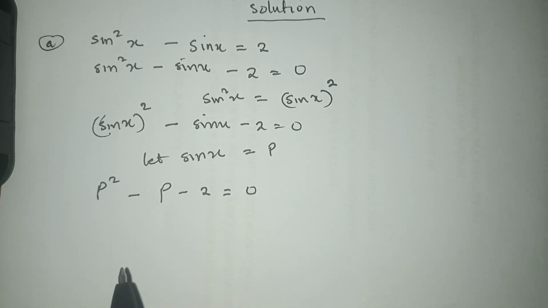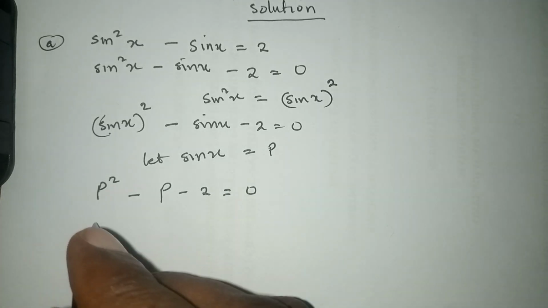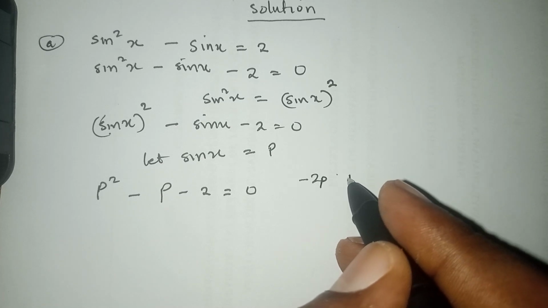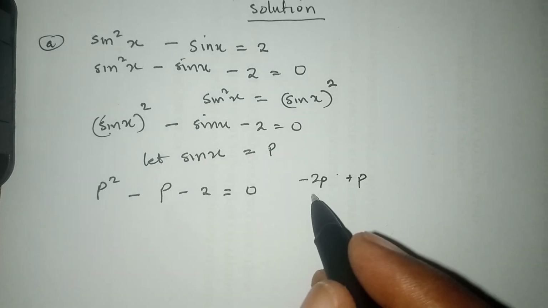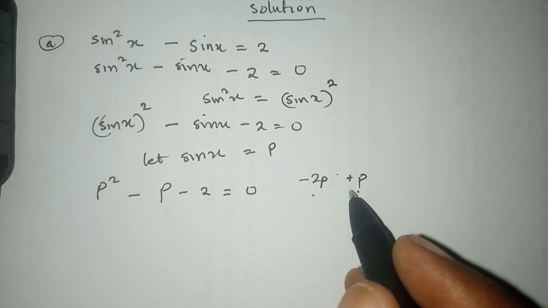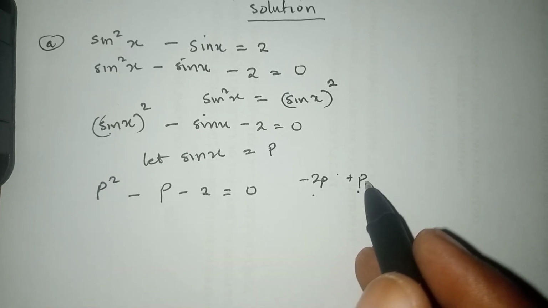What are the factors of minus 2p squared? We have minus 2p plus p, because minus 2p times p gives minus 2p squared, and minus 2p plus p gives minus p.